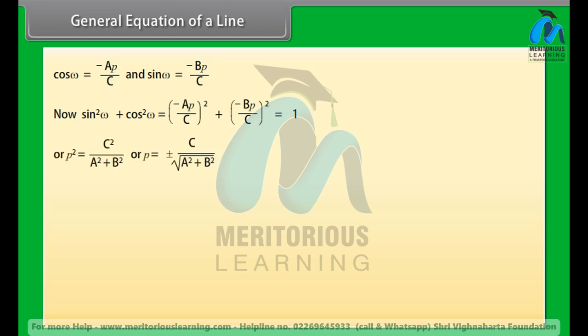Or p square is equal to c square by a square plus b square, or p is equal to plus minus c by square root of a square plus b square. Therefore, cos omega is equal to plus minus a by square root of a square plus b square, and sin omega is equal to plus minus b by square root of a square plus b square.